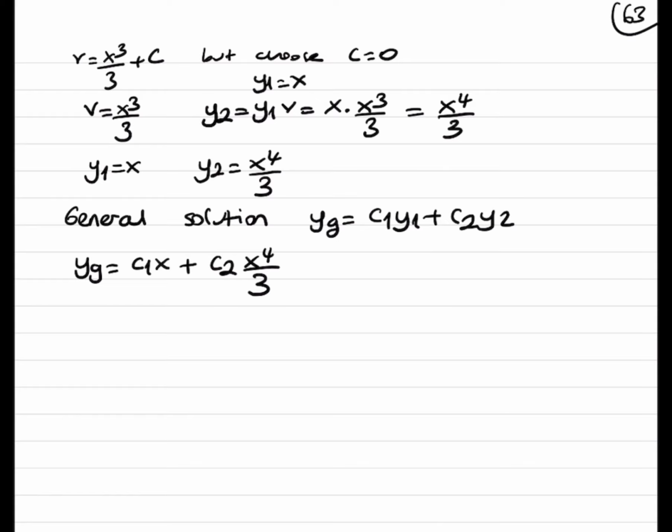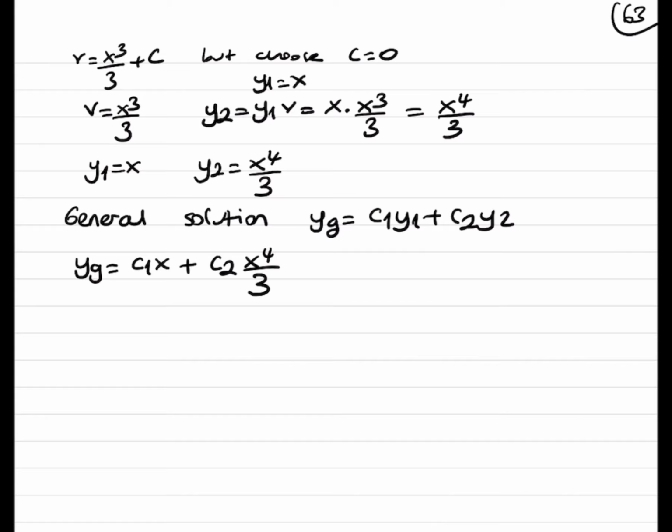So we want the simplest one. Because if we add plus c, we can again write some general constant, so we look for the simplest form of y1 and y2. That's why we choose in the process c is equal to 0.